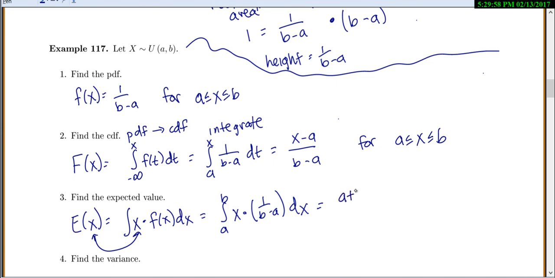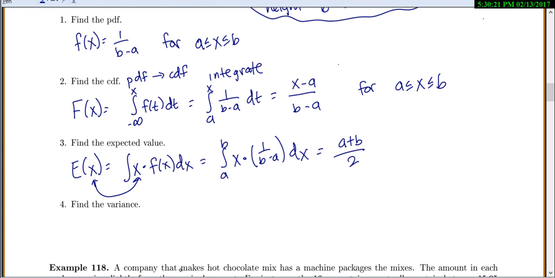And that is a plus b over 2. So there's your expected value, which actually makes a lot of sense. It's the lower bound plus the upper bound divided by 2, basically the average of those two numbers, which makes sense because everything in between is equally likely.